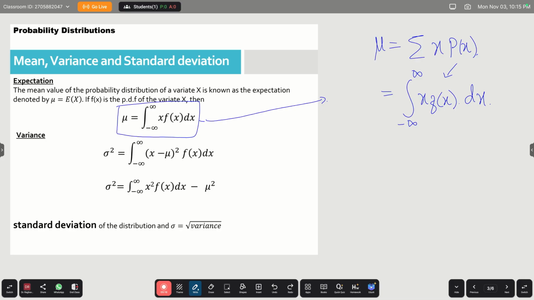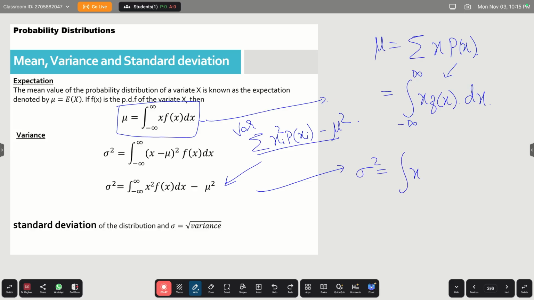And variance is also similar to the case of discrete. There, for variance we used to do the summation of x i minus mu whole square p of x. Here instead of taking the summations we integrate. So what will be the variance? Variance will be integration of x square f of x dx minus mu square, from minus infinity to plus infinity.